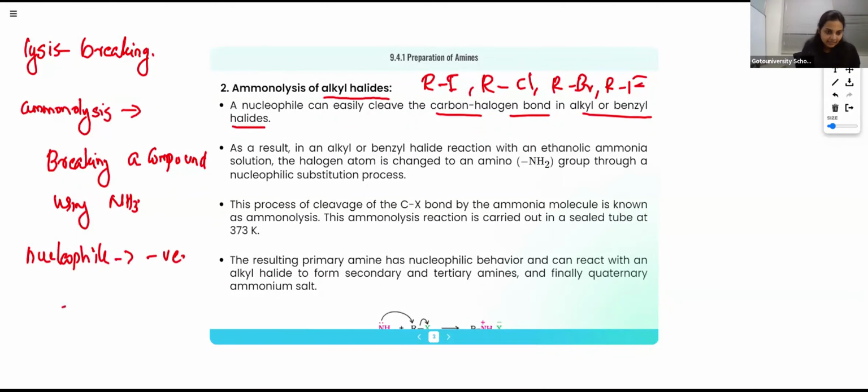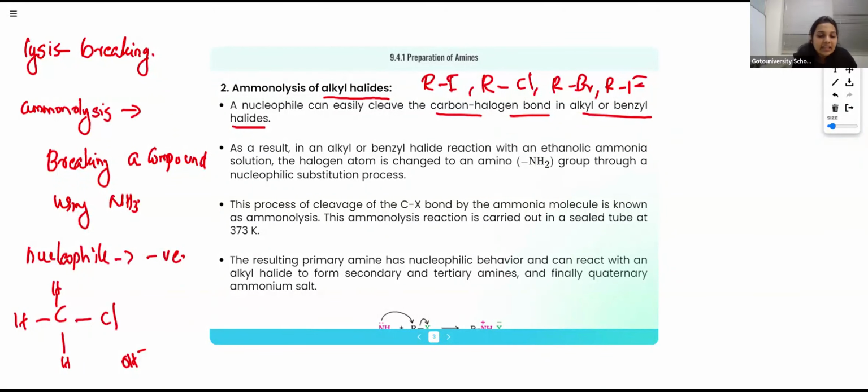Suppose I am taking CH3Cl. You remember the nucleophilic substitution reaction, right? Suppose a nucleophile like OH- is coming here.